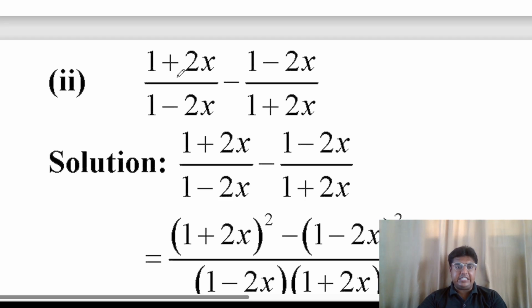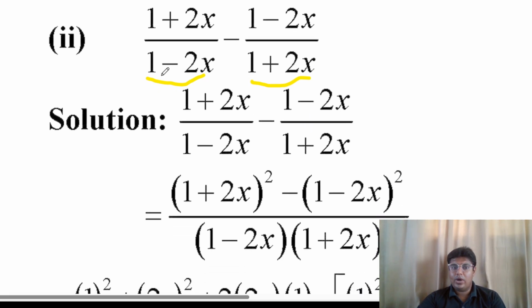We are continuing exercise 4.1, question number 5, part 2. Here you can see 1 minus 2x as the denominator, and 1 plus 2x as the denominator. So be careful about taking the LCM. One denominator is 1 minus 2x, the second one is 1 plus 2x, so definitely both will be part of the LCM.